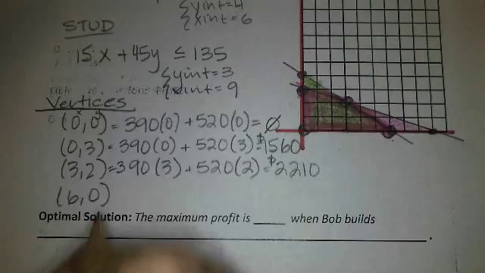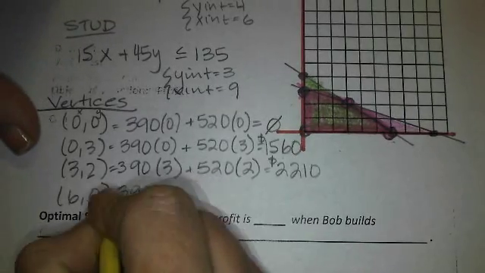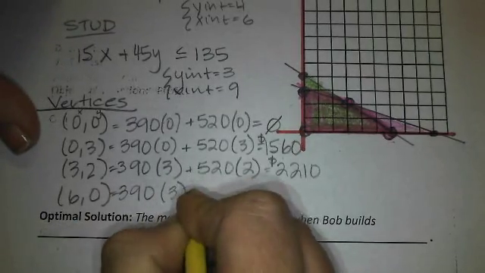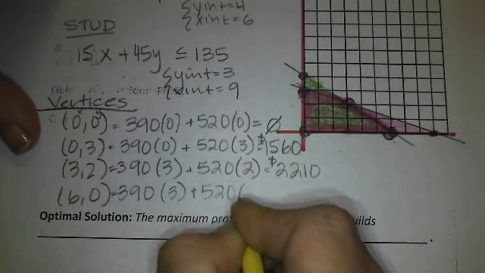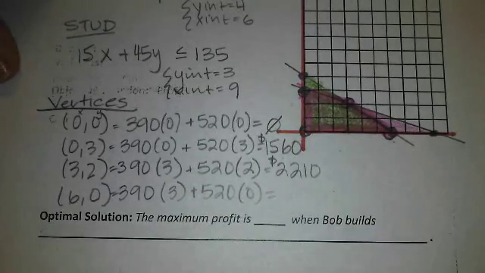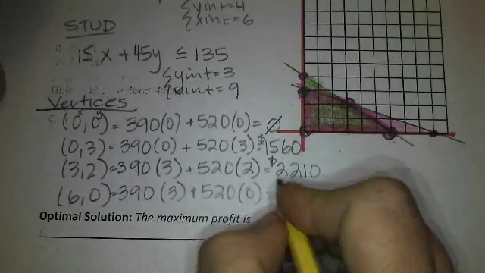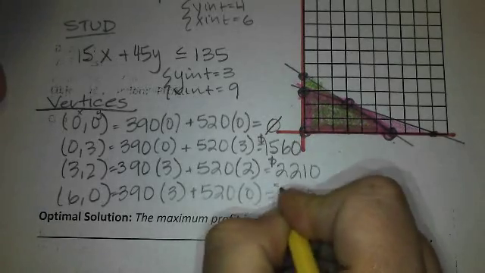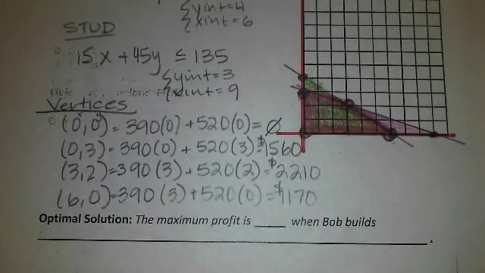So far that one's looking pretty good. 390 times 3 and 520 times 0, and you get 1170.